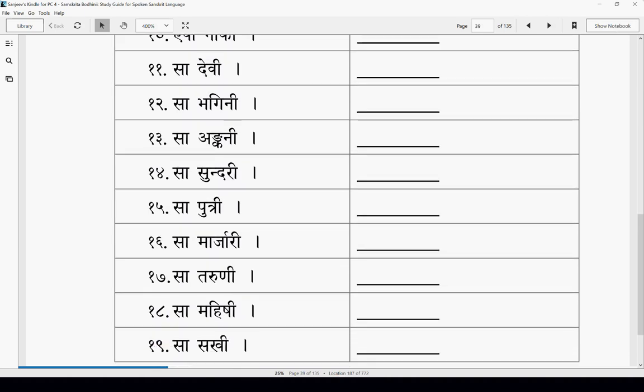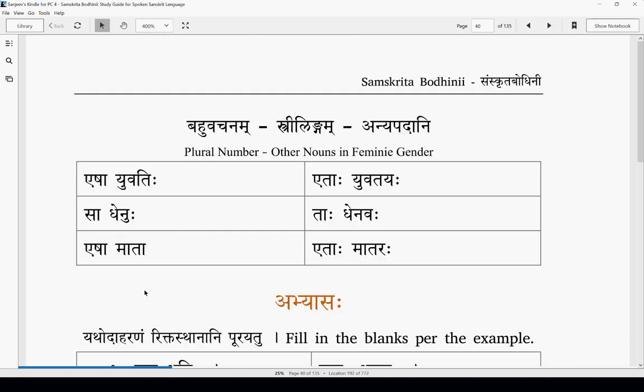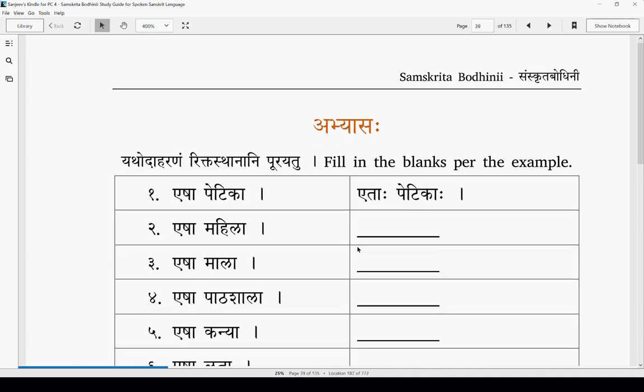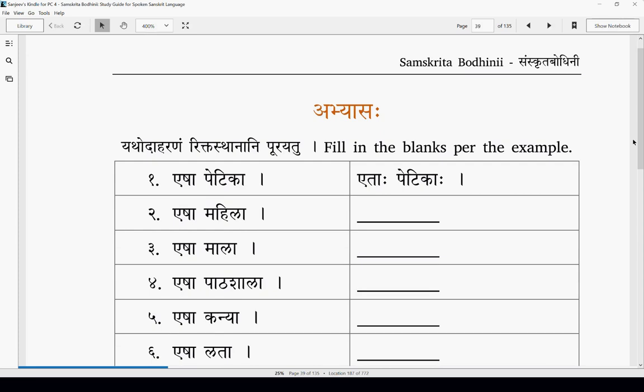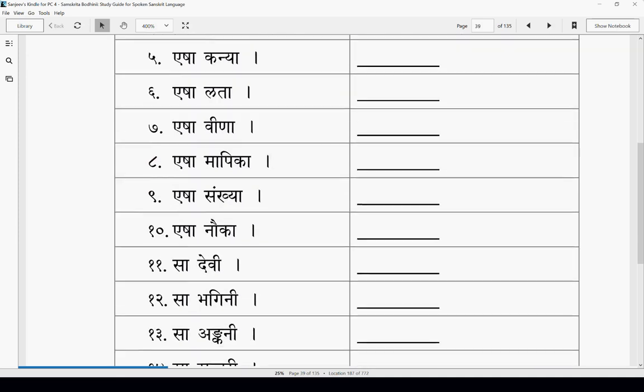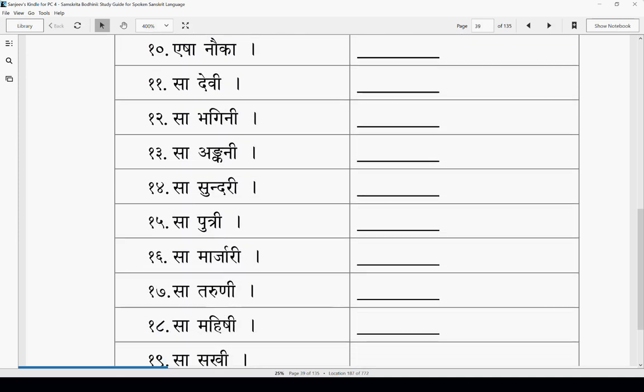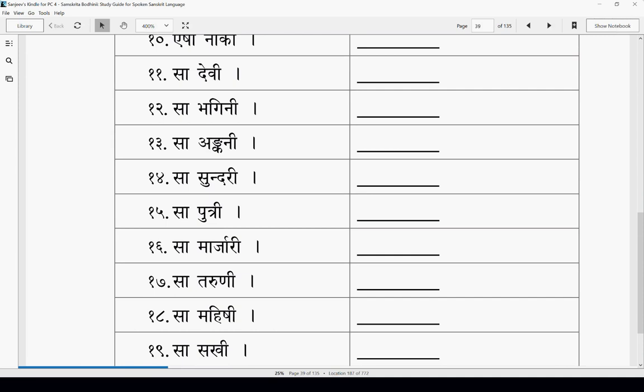So after Nauka we have a few more words. Sharada, you want to try? Next few words. Start with 11.